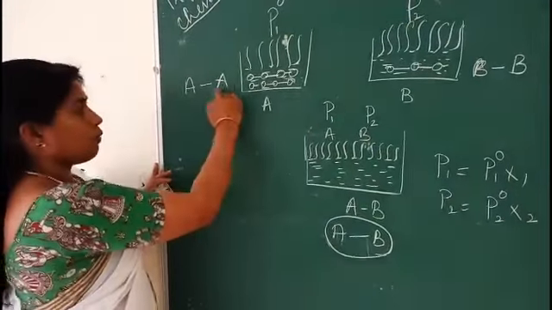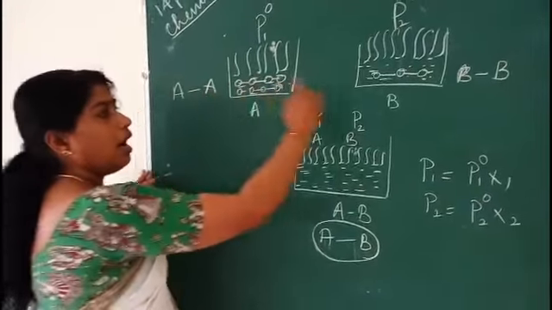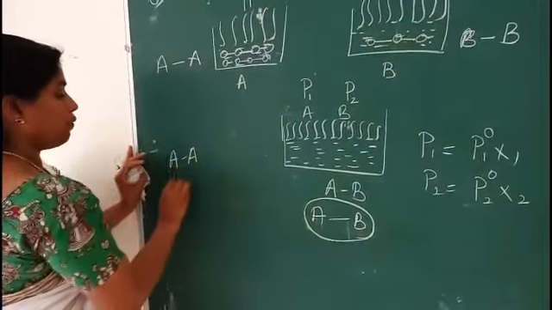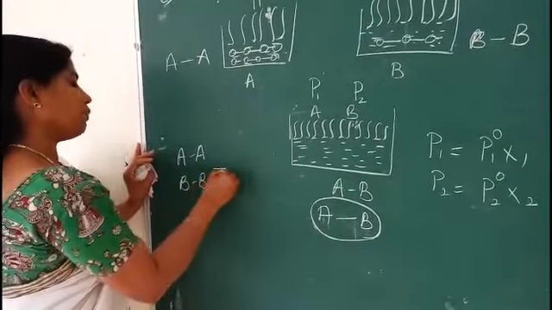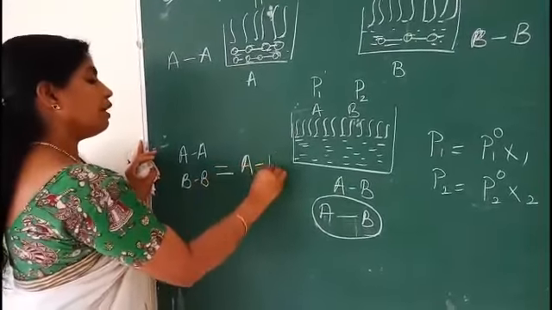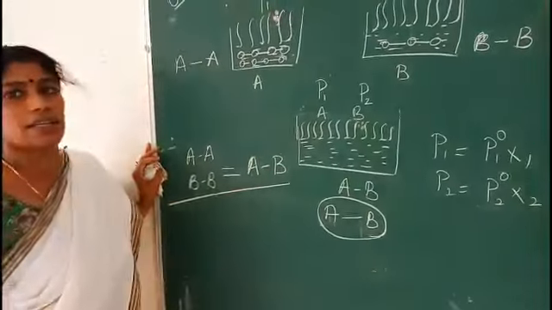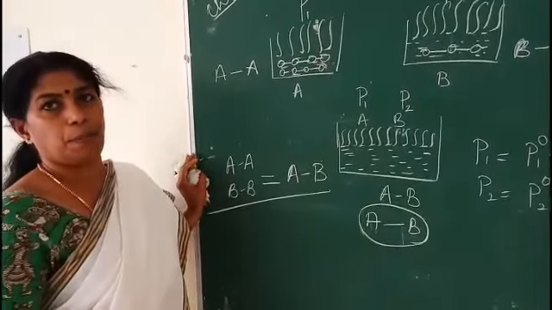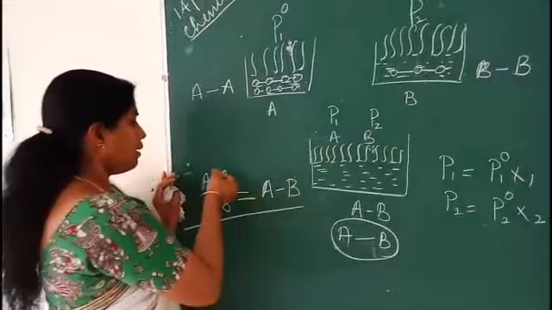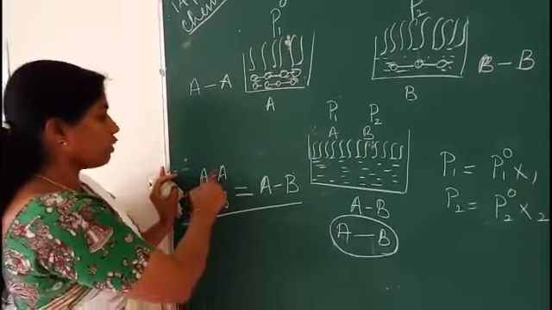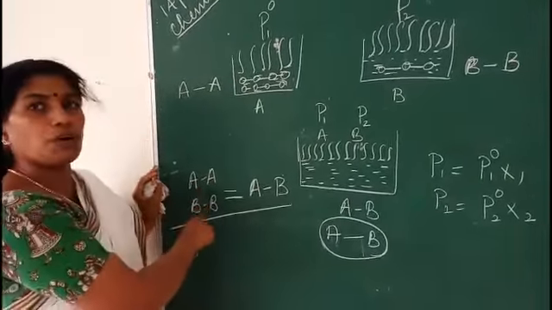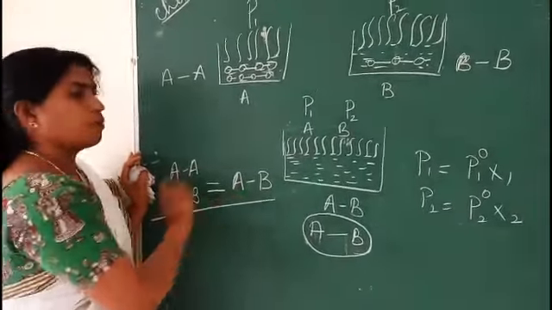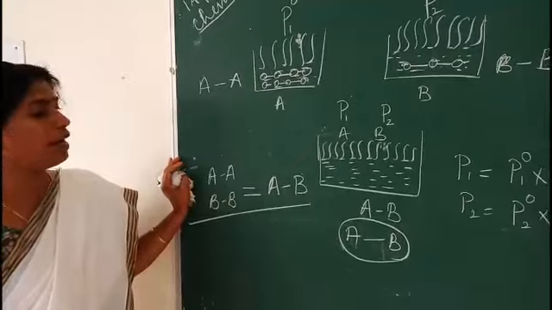So if the AA force of attraction and the BB force of attraction are equal to the AB force of attraction, then the solution shows ideal behavior. If these two initial interactions are not equal to the AB interaction, then it will show non-ideal behavior.